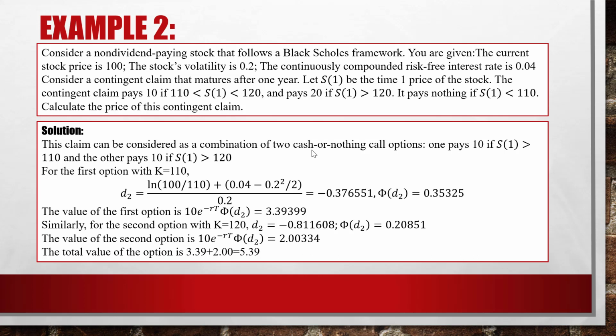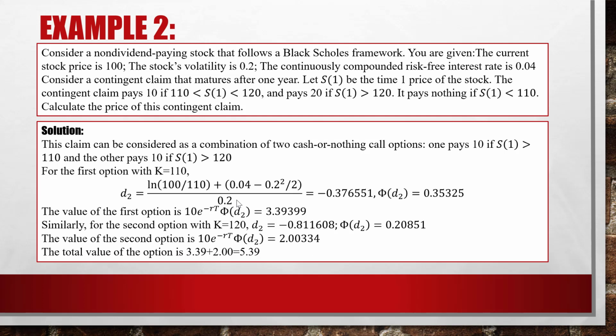So for the first option with K equal to 110, we got D2 is natural log of 100 over 110 plus 0.04 minus 0.2 squared over 2, the whole thing over 0.2. The reason for this is because we consider S1, so T is 1. So there's no square root of 1 because for square root of 1 we don't have to write it down.